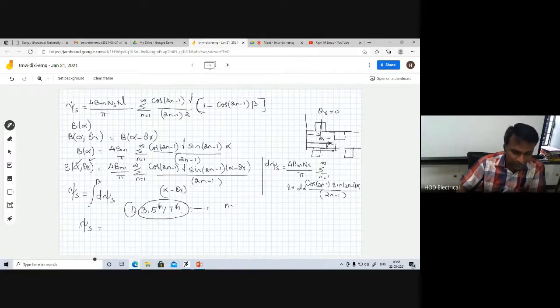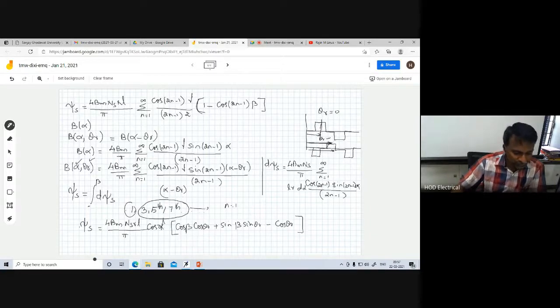Psi s is nothing but 4 Bm Ns into RL divided by pi into cos alpha, cos gamma into cos beta cos theta r, plus sin beta sin theta r minus cos theta r.